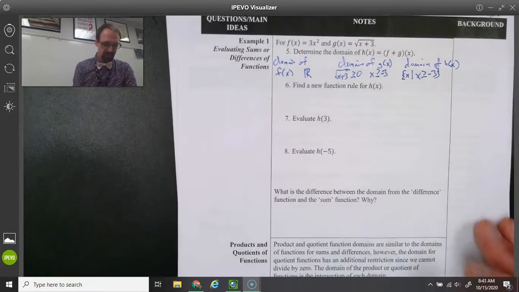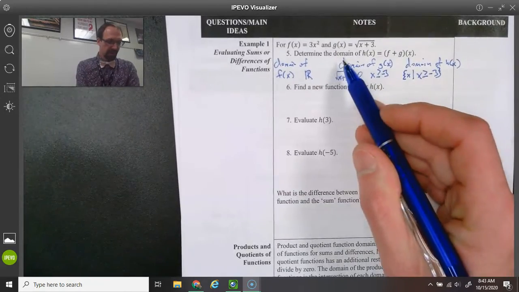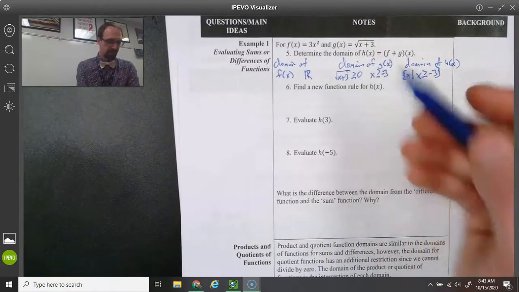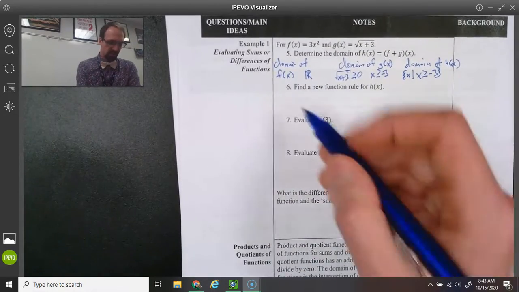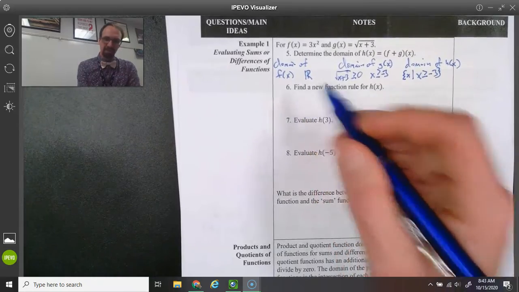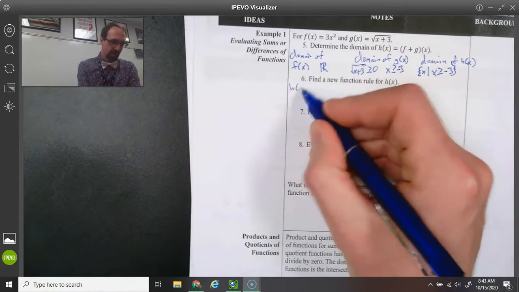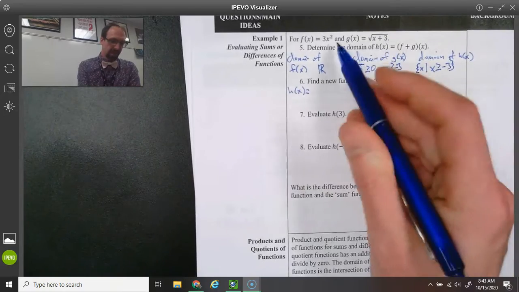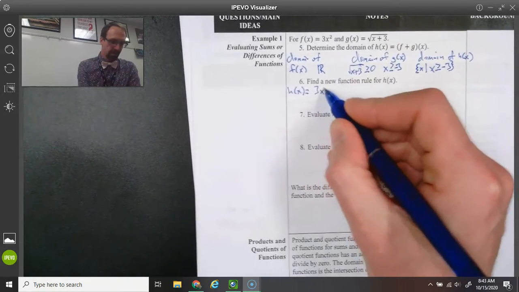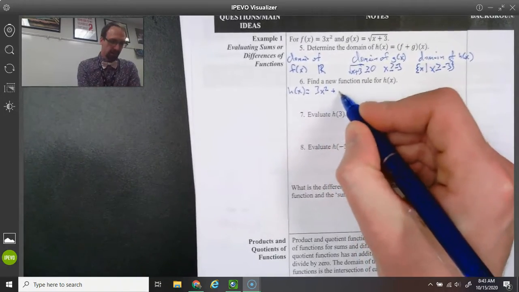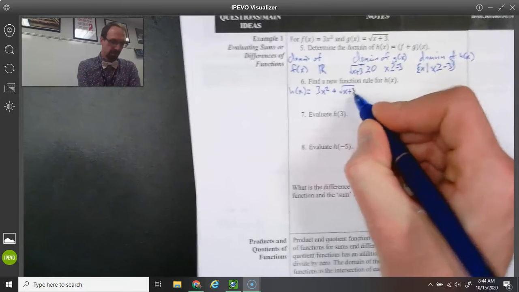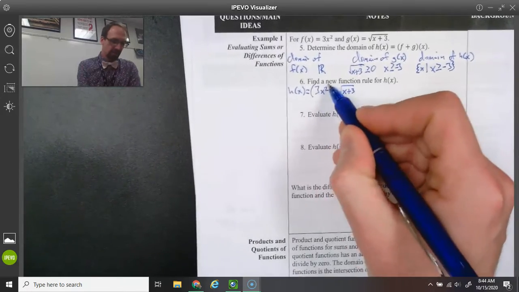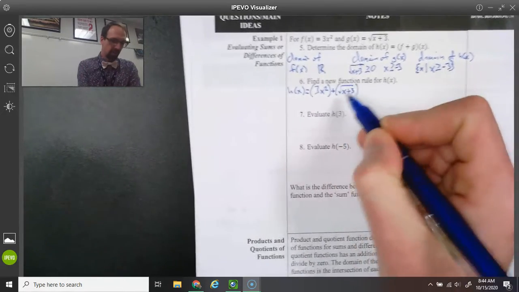Let's go ahead and just talk about doing this without using the definition. Let's just go right into h of x is equal to 3x squared plus square root of x plus 3. So now if I just group these like so, I'm using parentheses.